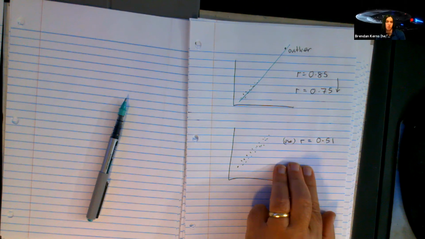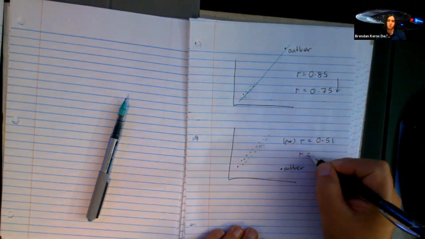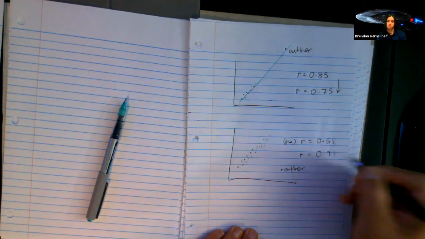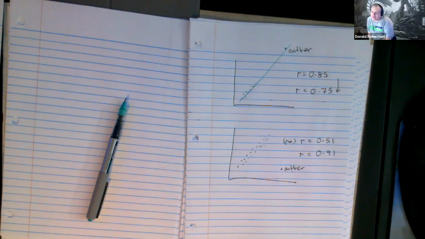Go up. It would go up. Yeah. So doesn't it depend on where the outlier is before you decide how it's going to affect the value of R? Okay, so it could make it go up, or it could make it go down. Doesn't it depend where it is?